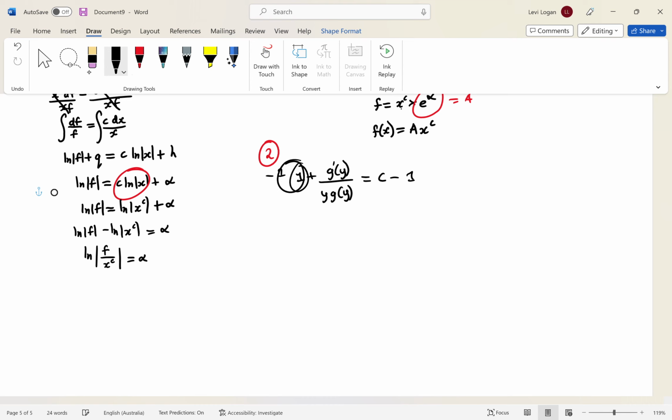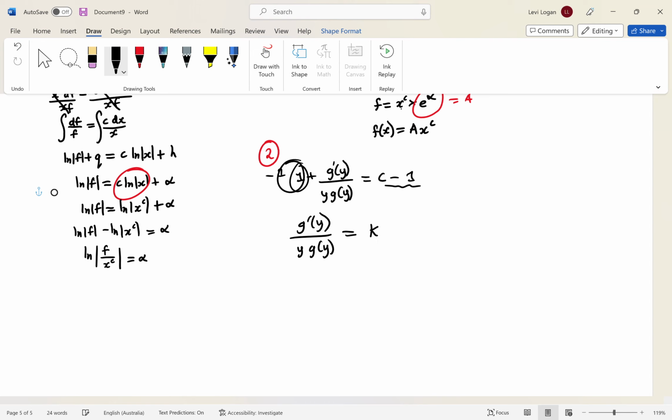So that goes bye-bye, pretty much. Okay, it's not letting me rub out, so I'm just going to simplify. So g prime of y over y g of y is equal to c minus 1. That's just going to be equal to another constant, so I'm just going to say that's k.